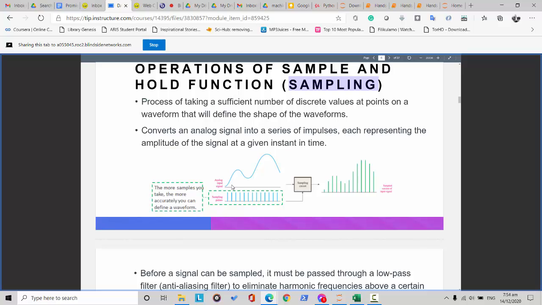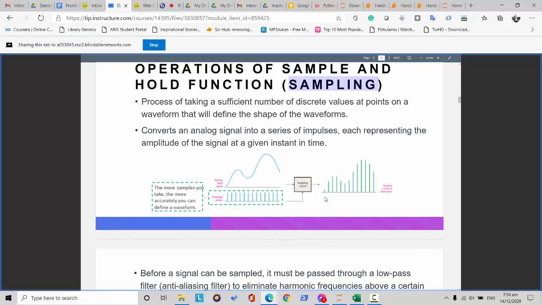So we can see from the example here, we have the analog input, an analog signal, and it goes through the sampling circuit, and this will be the output of the sampling circuit, wherein certain points, discrete values of points, are taken as a waveform. So this will be the shape of the waveform, represented by the amplitude of the signal at a given instant of time.